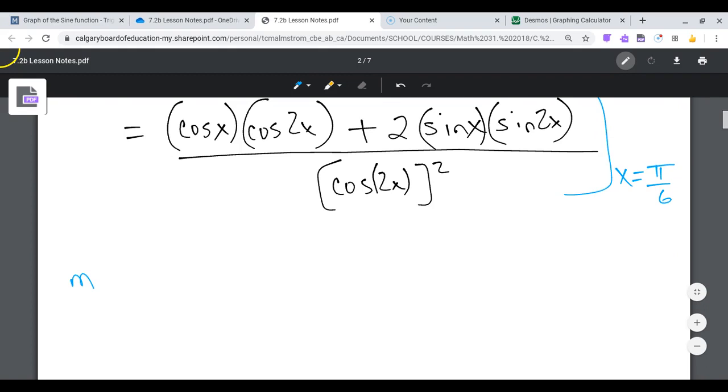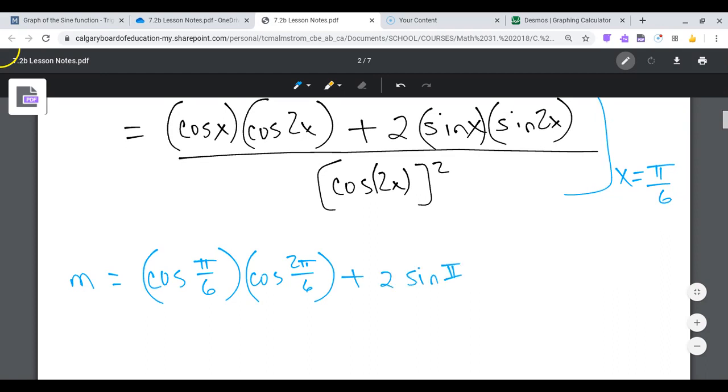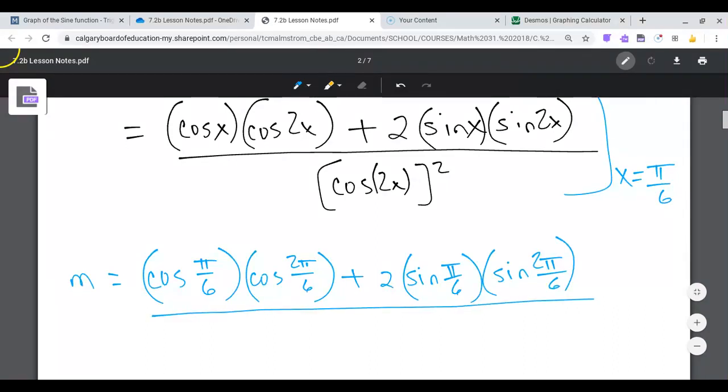So the slope will be equal to cos pi on 6 multiplied by cos 2 pi on 6 plus 2 times sine pi on 6 multiplied by sine 2 pi on 6, divided by cos 2 pi on 6, and all of that on the bottom has to be squared.